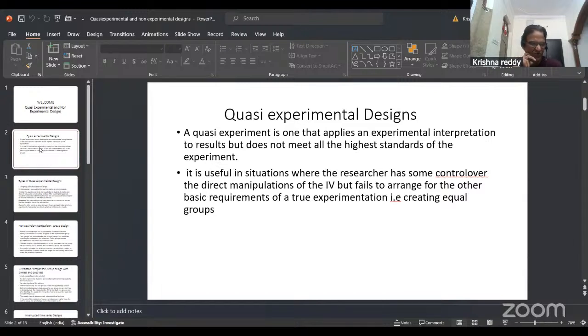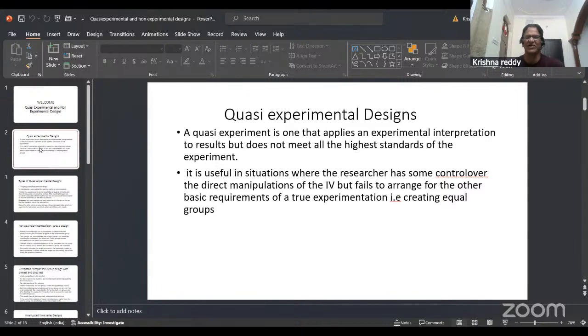most of the experiments which are conducted on human beings are all quasi-experimental designs because you cannot control all the variables. The inner factors which will also contribute, you cannot control. Just now we have seen the emotional states of the individuals, which are not considered for the experiment, will also contribute to the dependent variable.